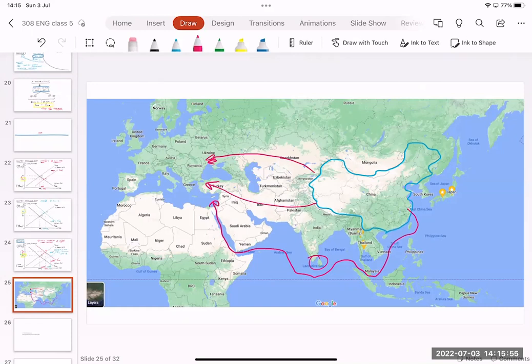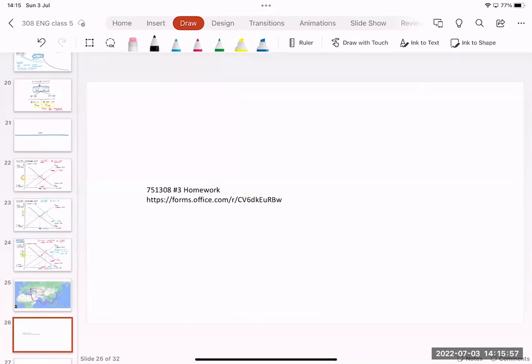So this is going to be your homework number 3. I want you to do more research on the Belt and Road Initiative.